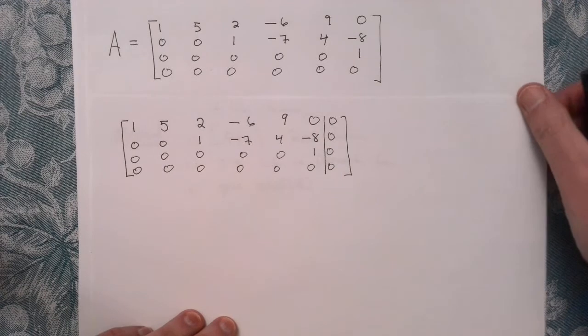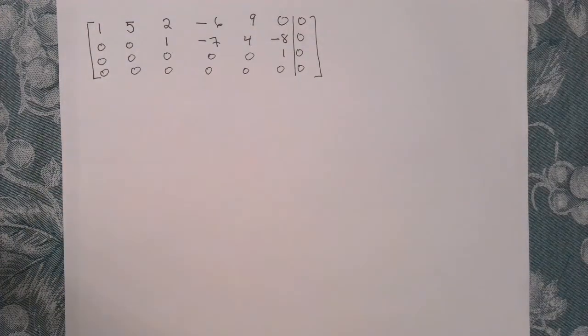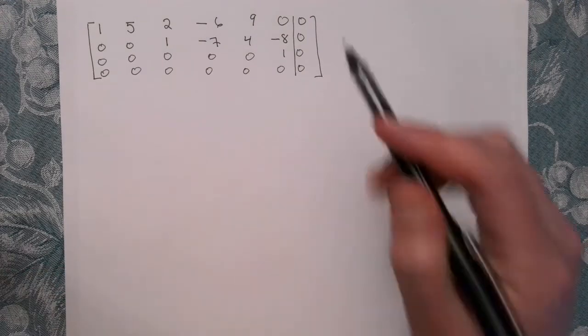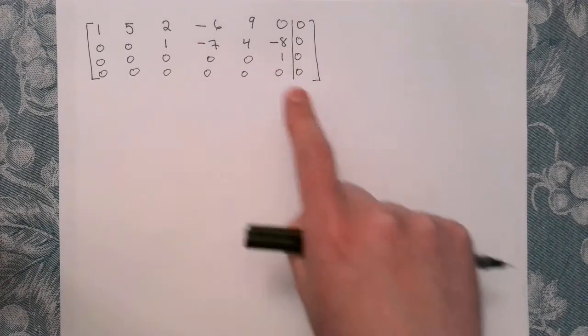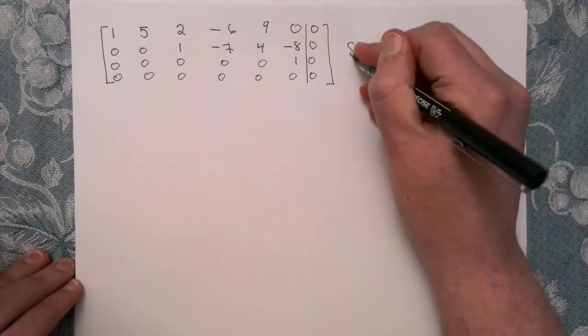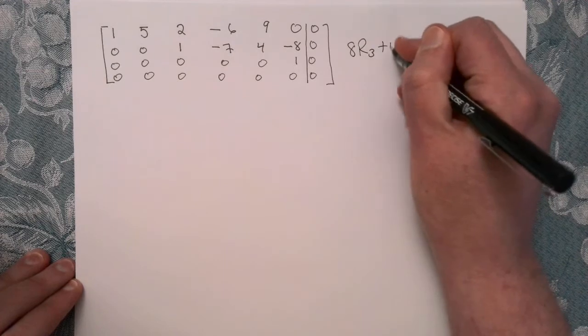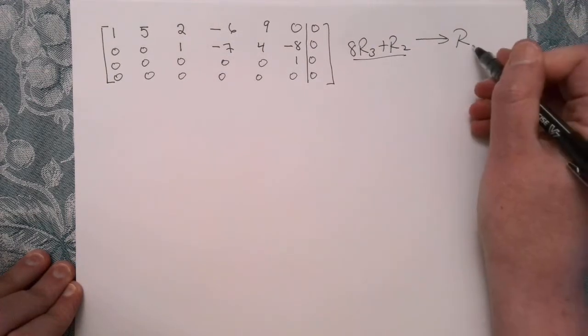Okay, that doesn't seem so bad. It seems like it's almost in reduced row echelon form. So if I want to complete out the reduced row echelon form, let's go ahead and multiply row 3 by 8 and add it here to row 2. That's going to give me a 0 above this pivot. Okay, so this sum will replace R2.